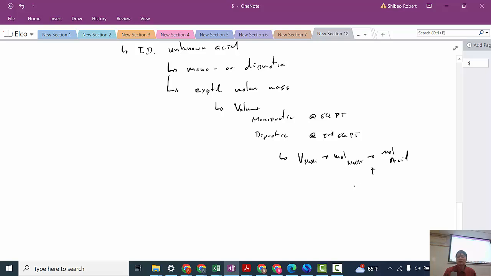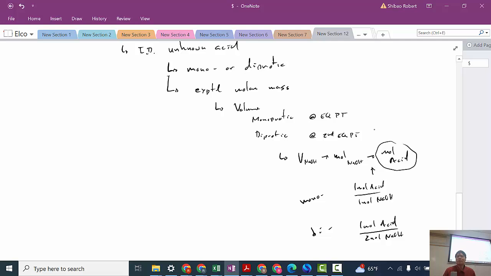If it's monoprotic, it's going to be 1 mole of acid for every 1 mole of sodium hydroxide. If it's diprotic, it's going to be 1 mole of acid to 2 moles of sodium hydroxide to get to the second equivalence point here. And so that's going to give us the moles of acid.